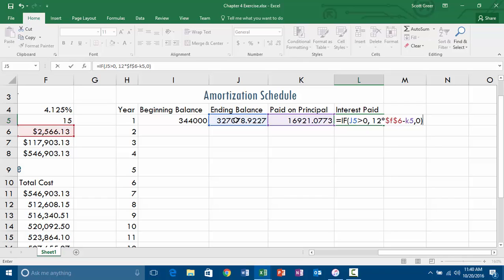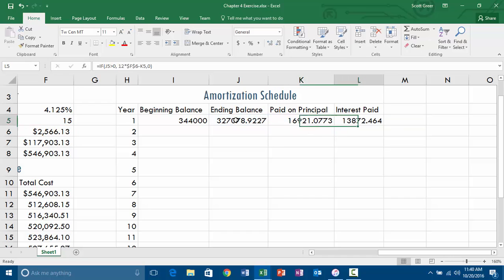So what we've done is we've multiplied the number of payments that we've made that year by this amount, and we've subtracted what we paid on principal. So whatever that total is, we've subtracted how much we paid on principal, and it tells us how much we paid in interest that year, because we made a total payment of these two numbers put together. So that 2566, if we times it by 12, and you don't need to do this, this is not part of what we're doing, but I'm going to show you.